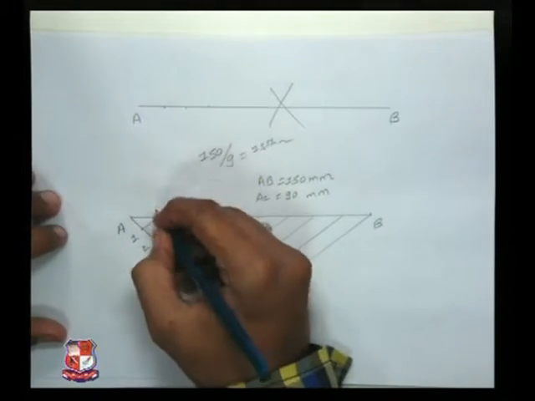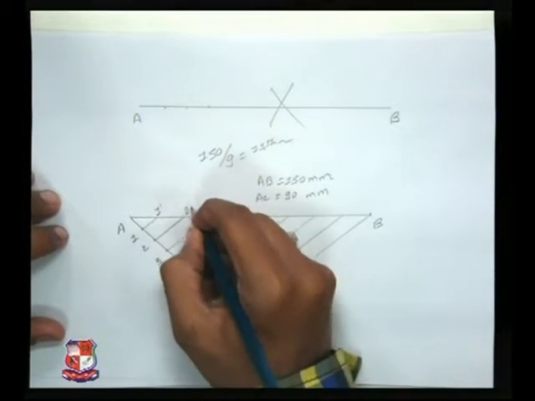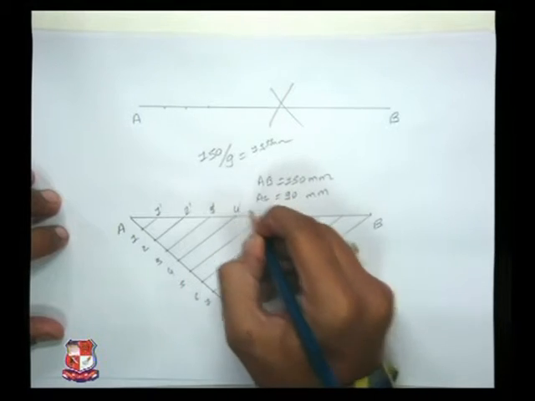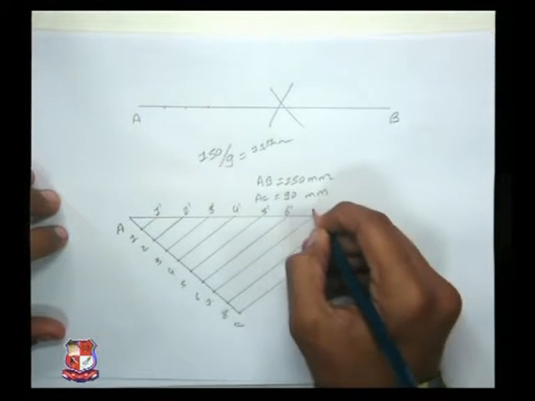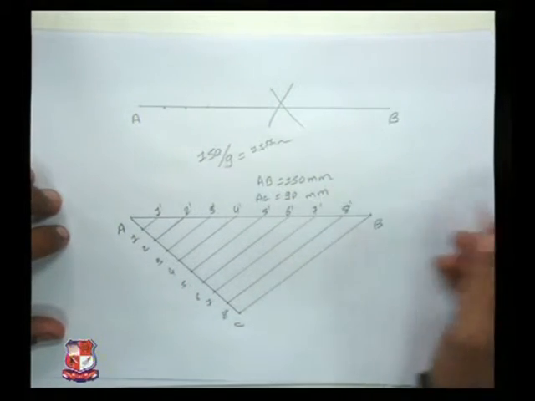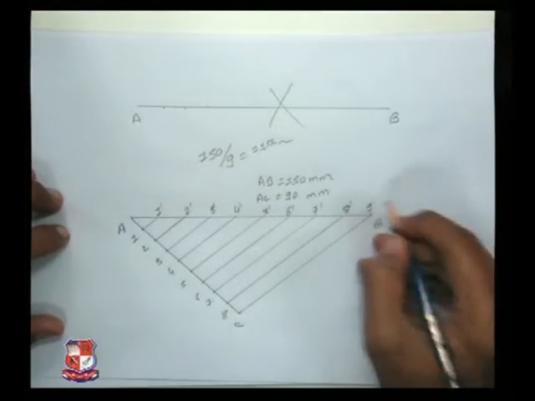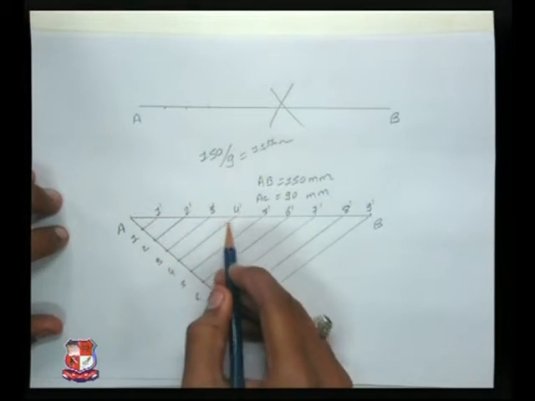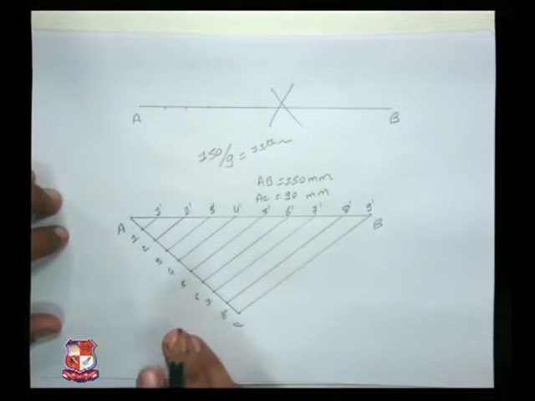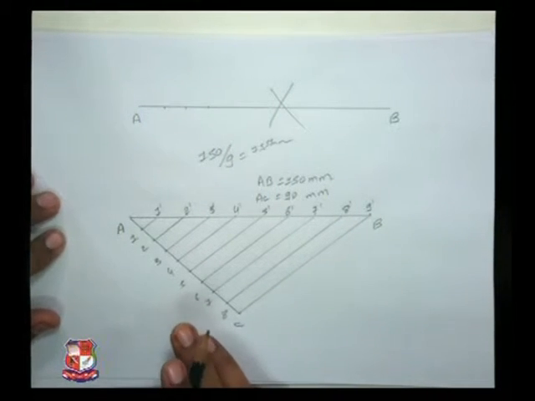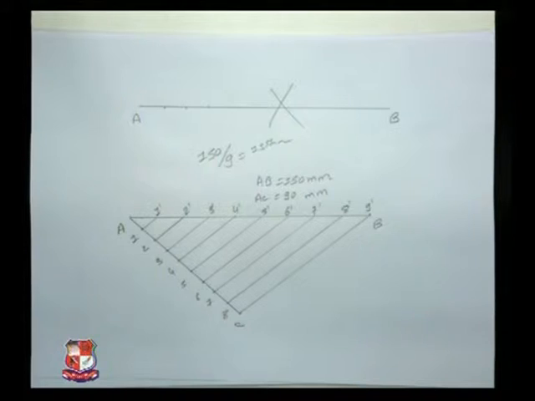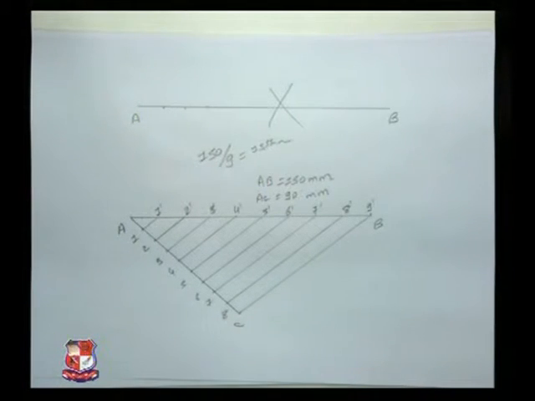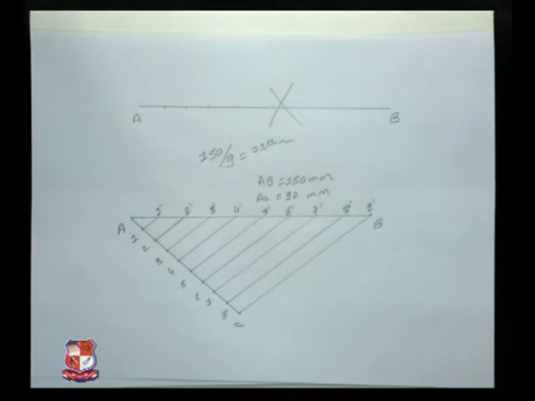And this is how you can obtain equal number of parts of a given line, 1 2 3 4 5 6 7 8 and 9 equal parts like this. So this is how you can draw 9 equal parts of a given line.